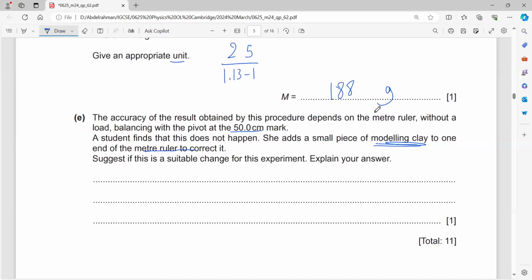Would this give an accurate result? Definitely not. Suggests that this is a suitable change? No. Why? Because she changed the total mass of the ruler, which would definitely give inaccurate results for the mass of the ruler.